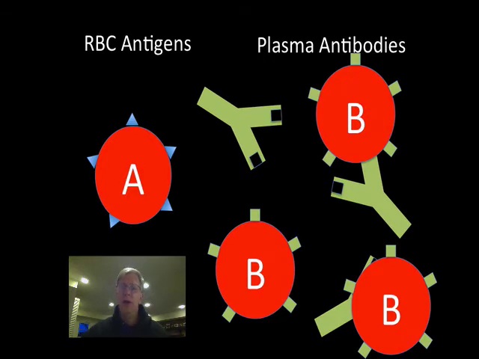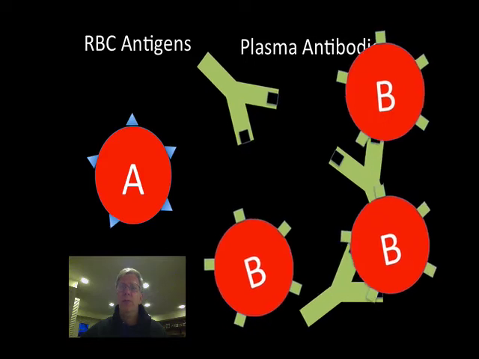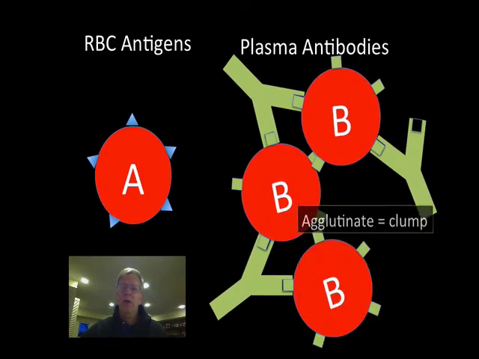Well, the antibodies that are present in the recipient would attack that type B blood, and it would cause the blood to clump together, which is called agglutination. This blood would agglutinate, and basically what happens is the red blood cells are going to clump. It's going to cause clogging and clotting within the body and possibly cause death.